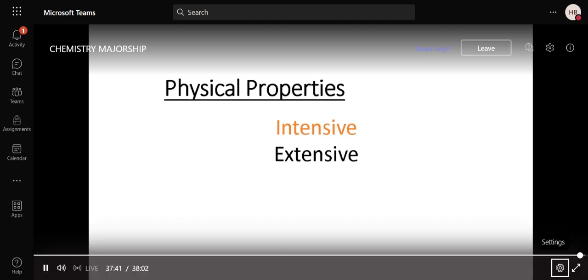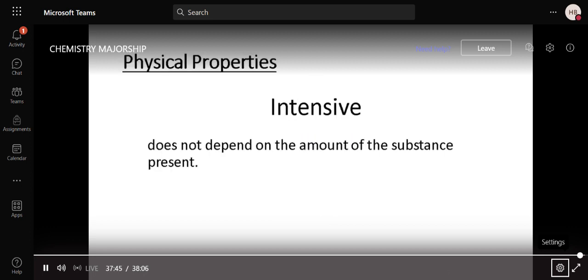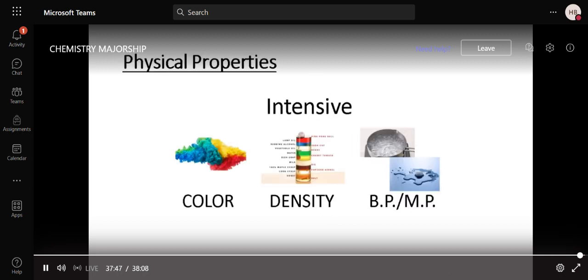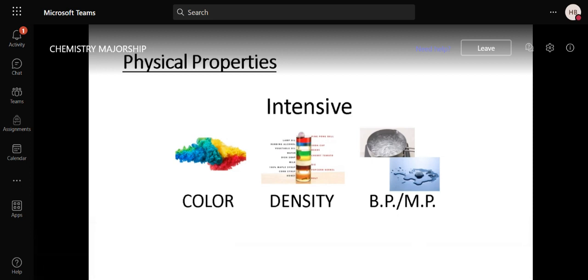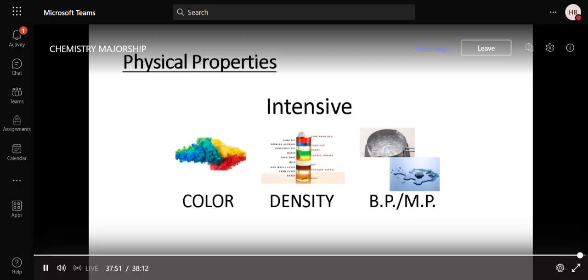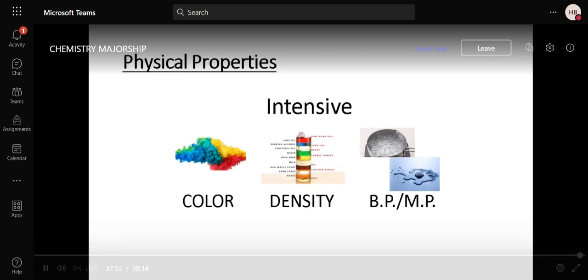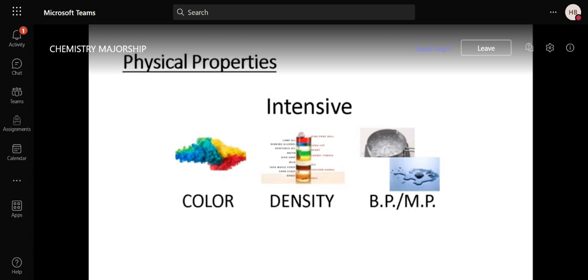Example, we have the boiling point of water. Boiling point, melting point. Example ko po yung boiling point. Kung sa laboratory ito, you can experiment on a test tube. You want to boil water and then measure the boiling point of water.